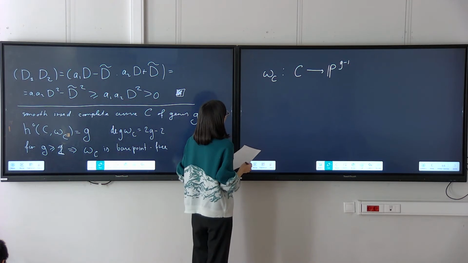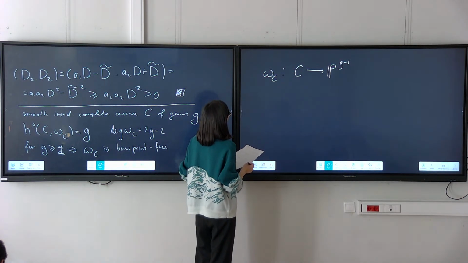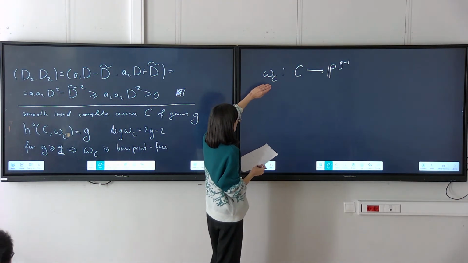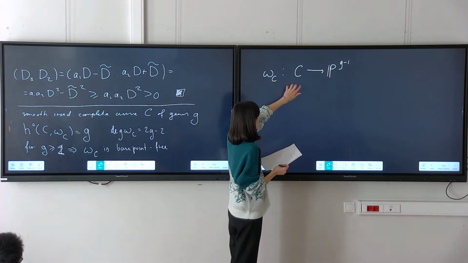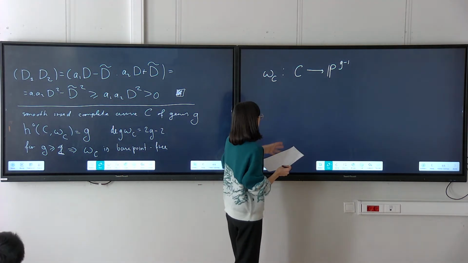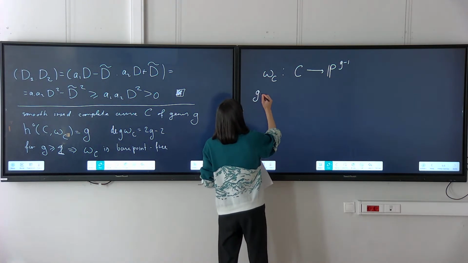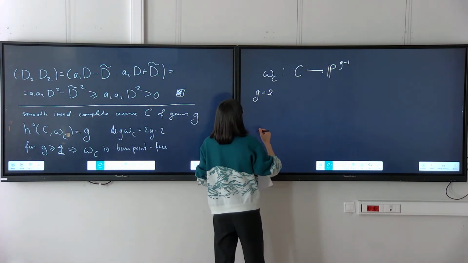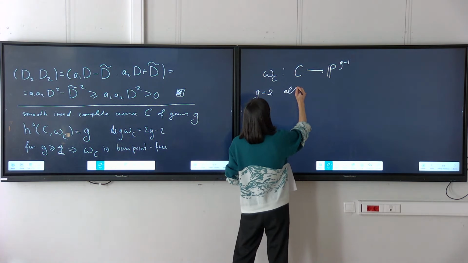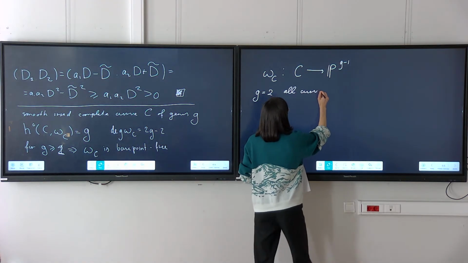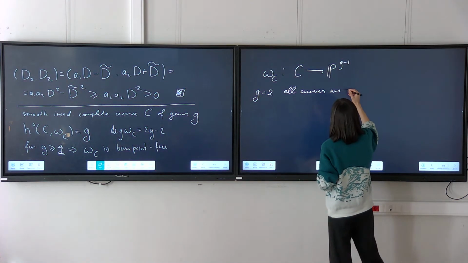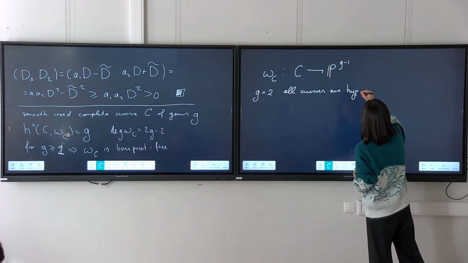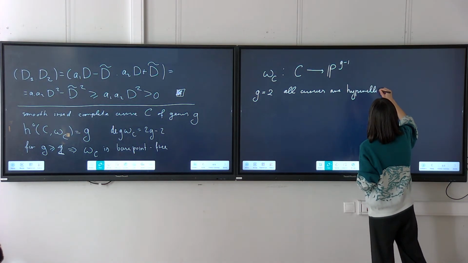And now we want to distinguish two cases. The first case is when C is hyperelliptic, and the second case is when it's not hyperelliptic. So, for example, for g equal to 2, all curves are hyperelliptic.